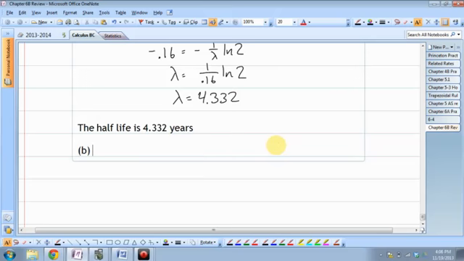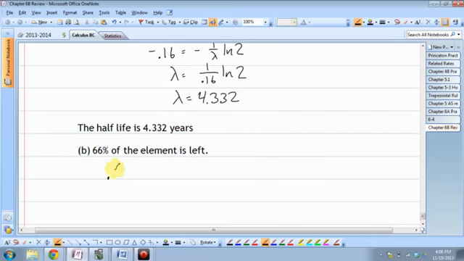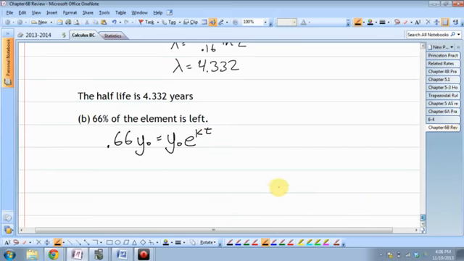So 66% of the element is left, and that's what we're saying. So that means 0.66 of my original is still remaining. That's a really good question to ask: how much of the element is left? Make sure you don't misinterpret.